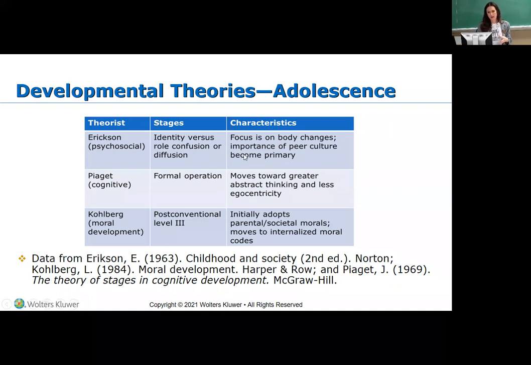Erikson is identity versus role confusion or diffusion. Basically they are starting to develop their own personal identity and they can get very confused during this time of who am I? Who do I want to be? Who do I want to hang out with? What choices am I going to be making?